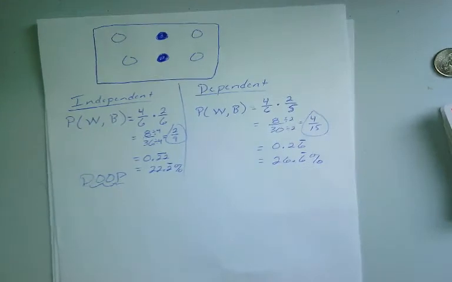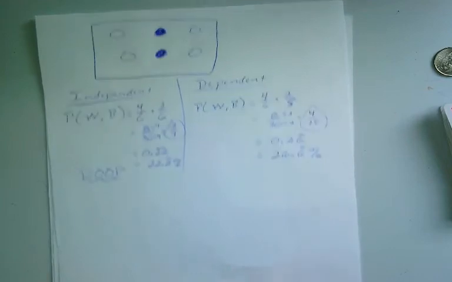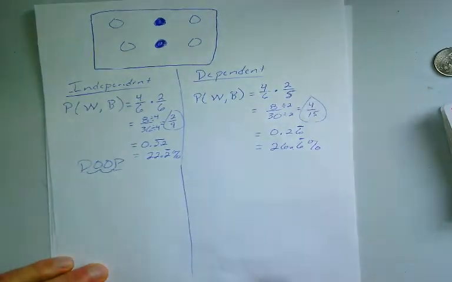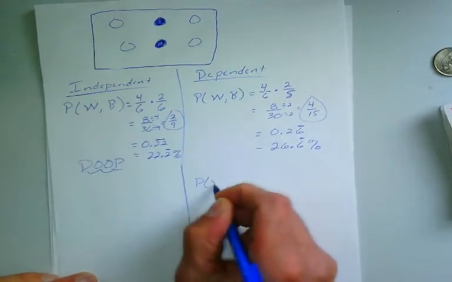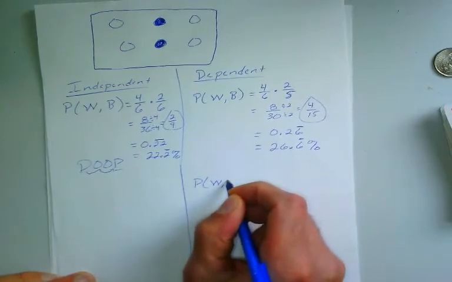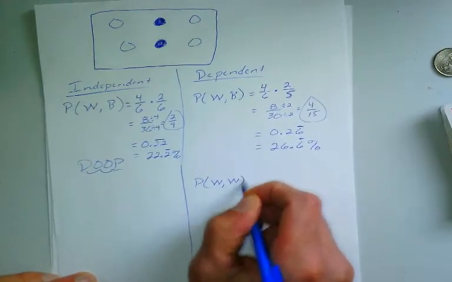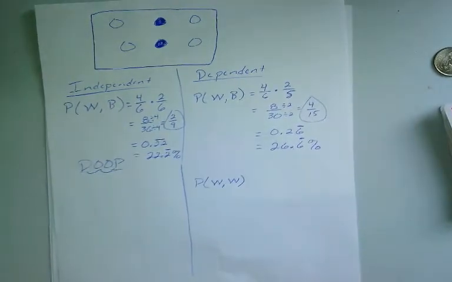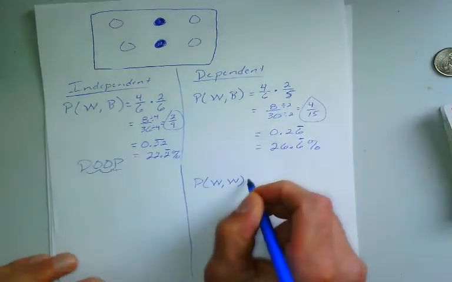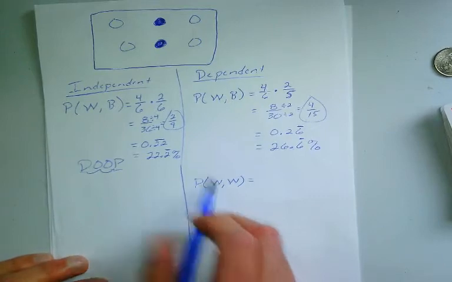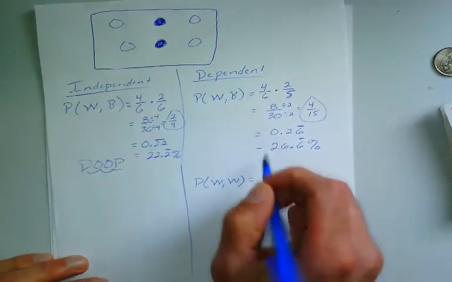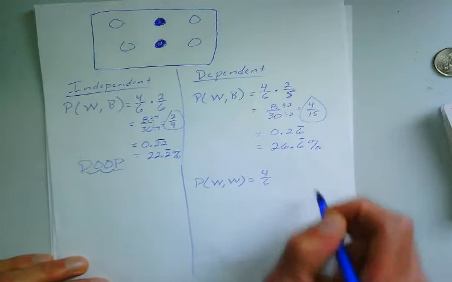One other example we need to do, because it does get a little more confusing than this. Let's stick on the dependent side, with our marbles. What's the probability of getting a white marble on the first draw and then a white marble on the second draw without replacing? My probability of getting a white on my first draw is 4 out of 6.